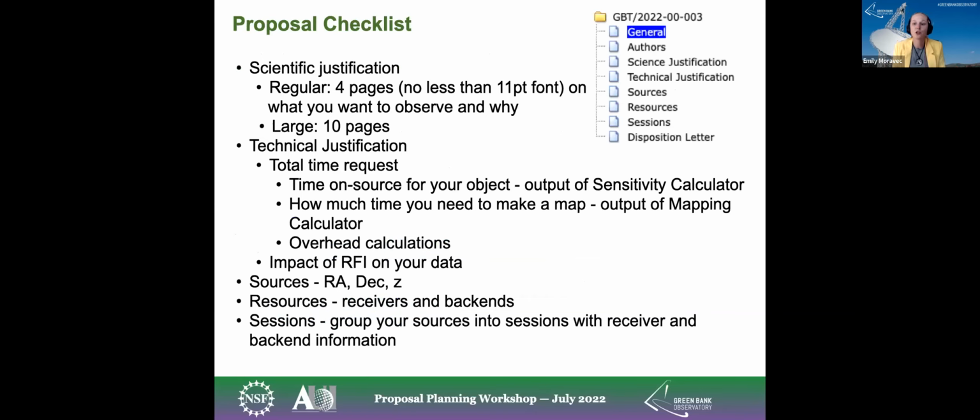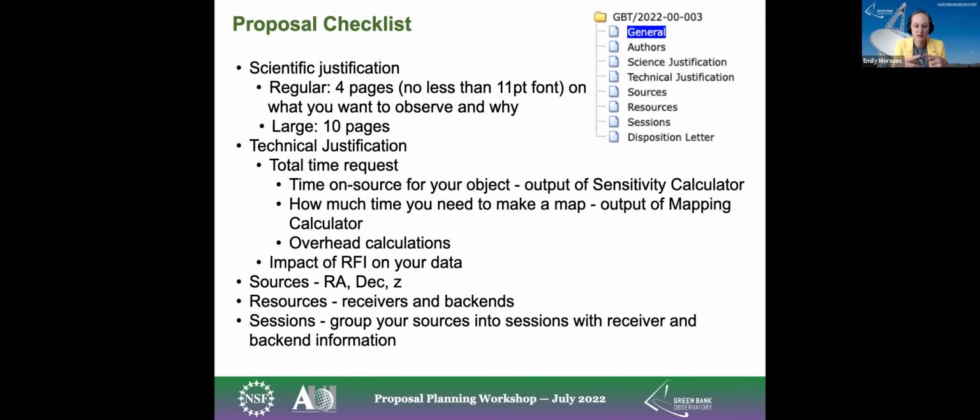So I created a checklist for you of what you need to submit a proposal. You need your scientific justification, which for a regular proposal is 4 pages, no less than 11-point font, on what you want to observe and why. Then you have your technical justification, which is separate from the scientific justification.